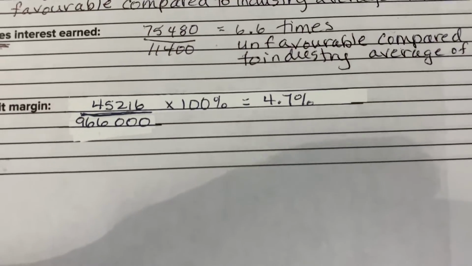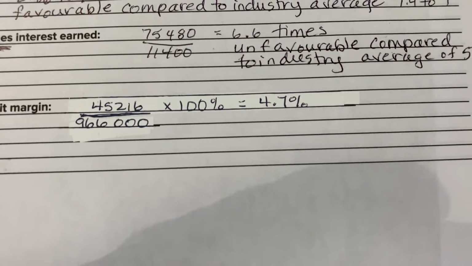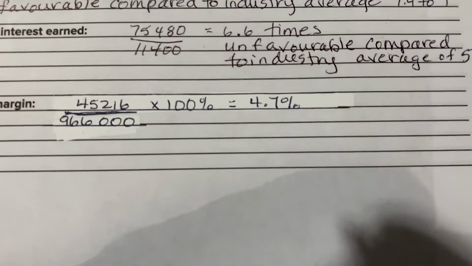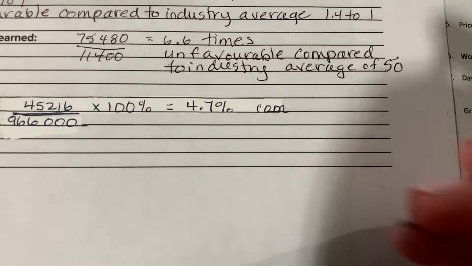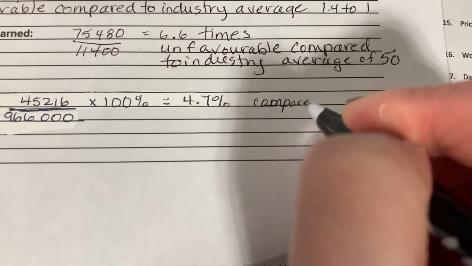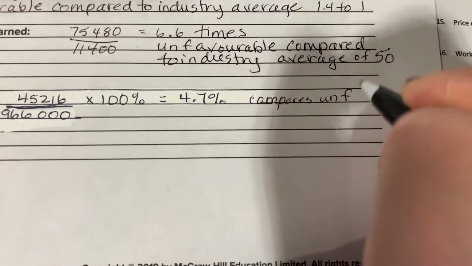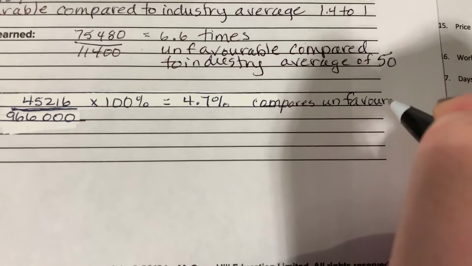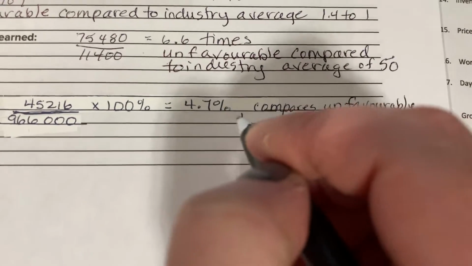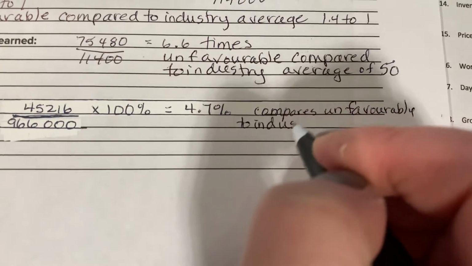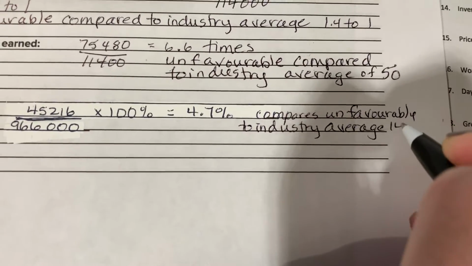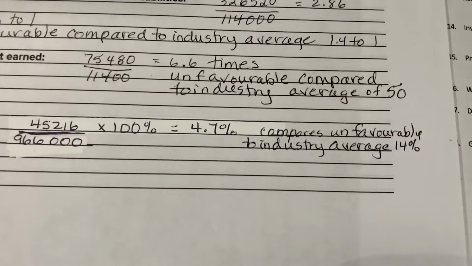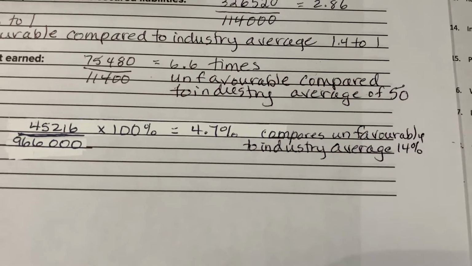When you're talking about a profit margin, the higher the better. That means you had higher profits. So 4.7% compares unfavorably to industry average of 14%. We're not doing as well as the industry.